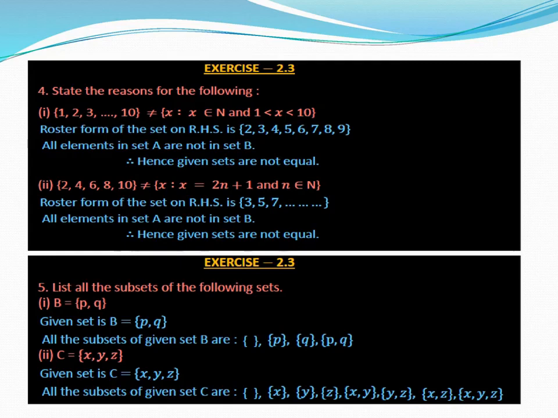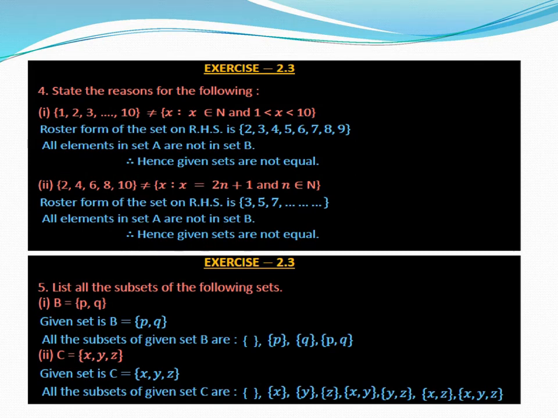So we will write null. The null set is a subset of every set and every set is also a subset of itself. First we will write the null set and the given set. Then you can write the single elements, P within braces and the single element Q within braces.